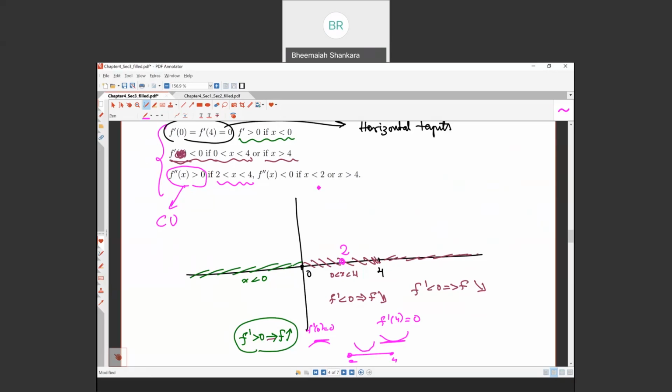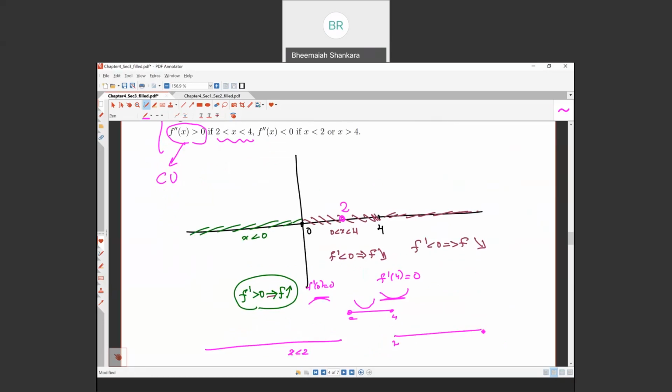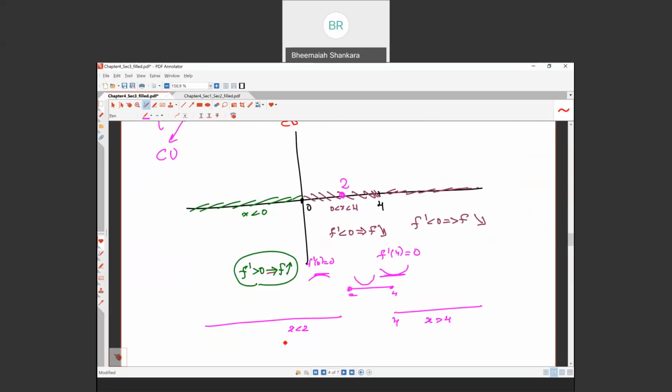And if x is less than 2 or greater than 4, so it's all these x less than 2 and greater than 4, at these points you should have f double prime less than 0, which means this is the concave down on these intervals. So when you draw a final curve, your curve should look like this. Any piece of the curve you draw on these intervals should be having a shape of concave down.